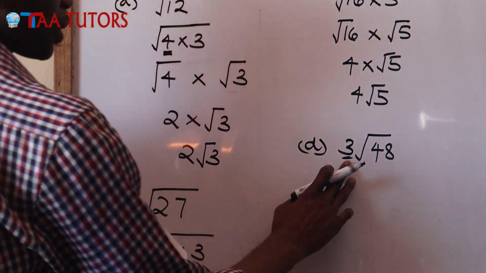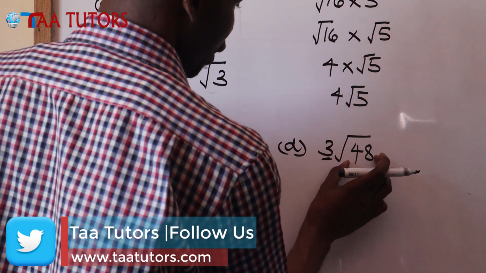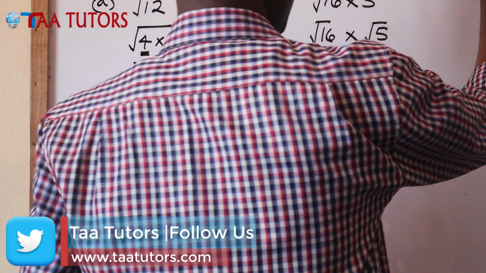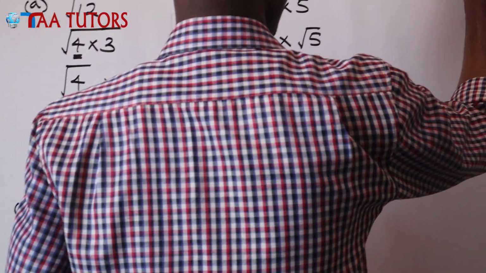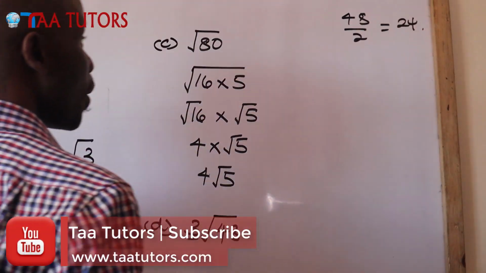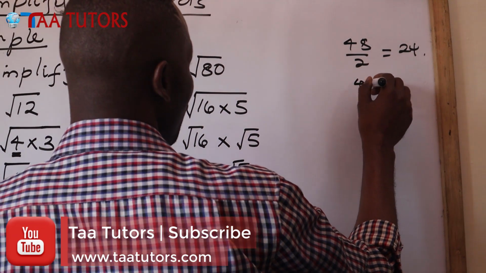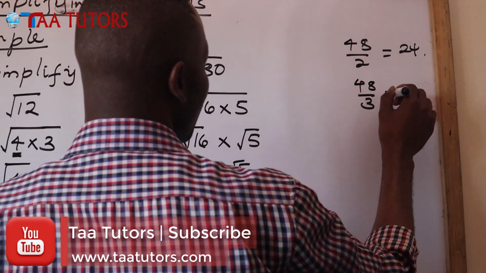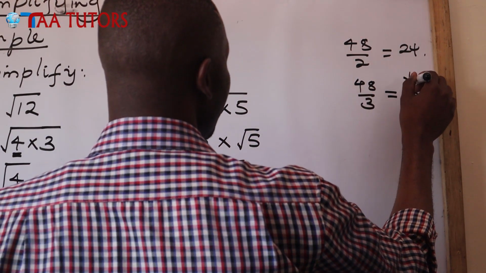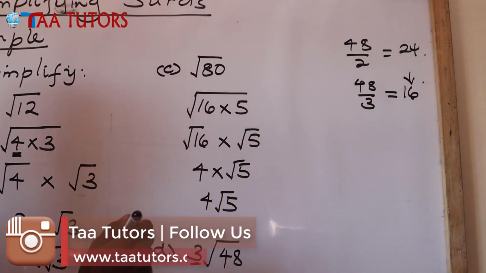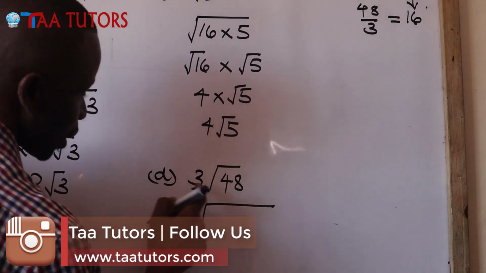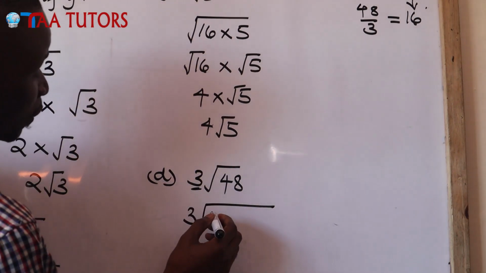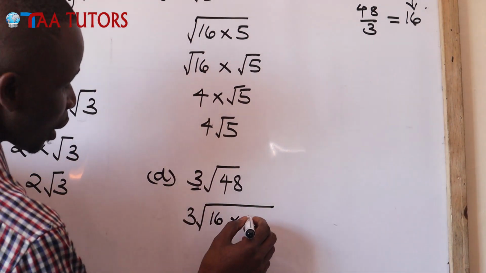So let's just leave this one out of it and factorize this one first. 48, like we have said, 48 divided by 2 will give us 24. 24 is not a square number. What about 48 divided by 3? 48 divided by 3 is 16. Yeah, 16 is a square number. So we can say that this one can be written as 3 times √(16 × 3).